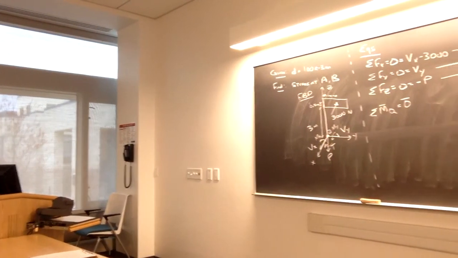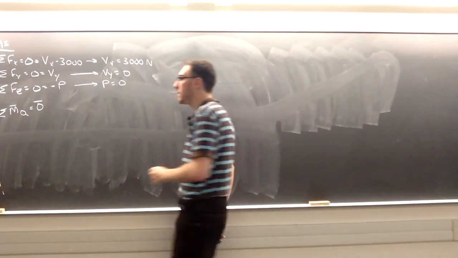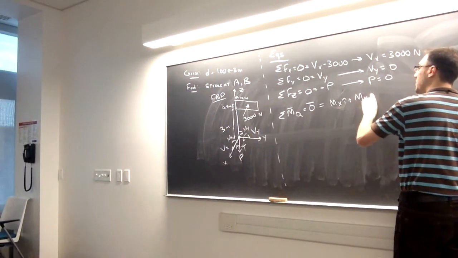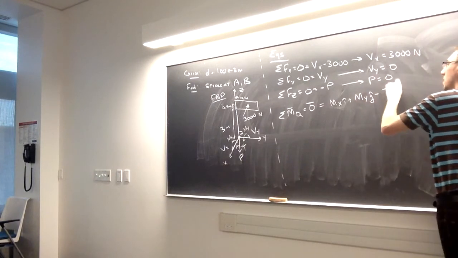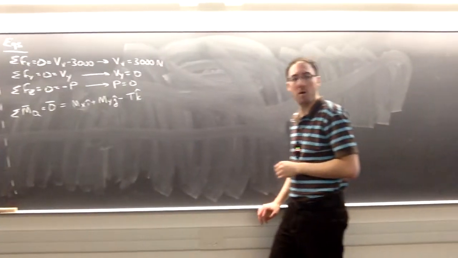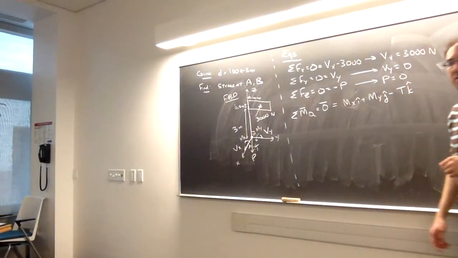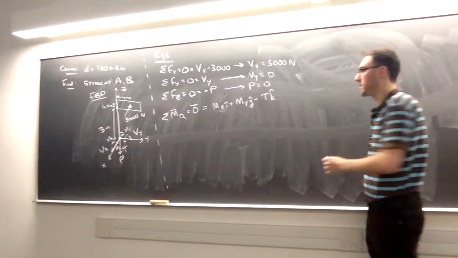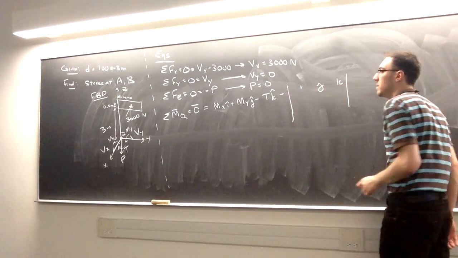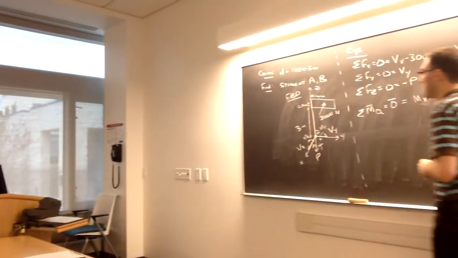And if I take the sum of moments around my cut surface, or really the centroid of my cut surface, I'm going to have here Mx i plus My j minus T k for the three internal moments. And then I'll have one moment caused by that 3,000 newton force using r cross F. So I need the distance from what I'm calling point Q to where that load is being applied.